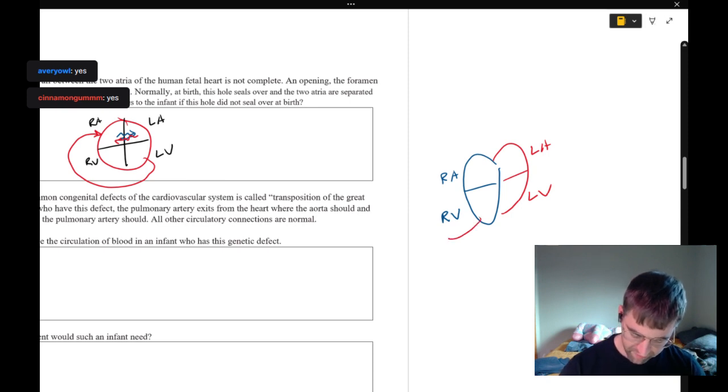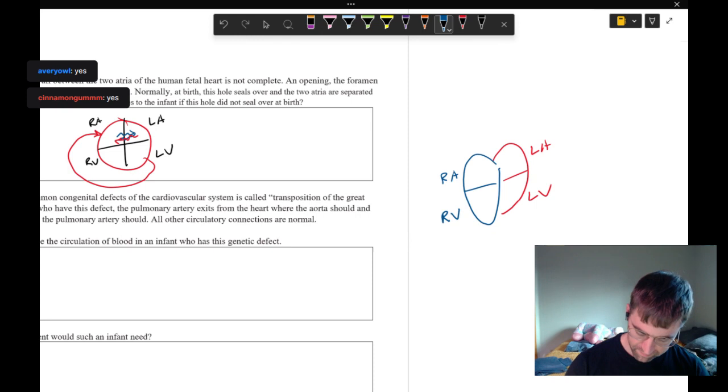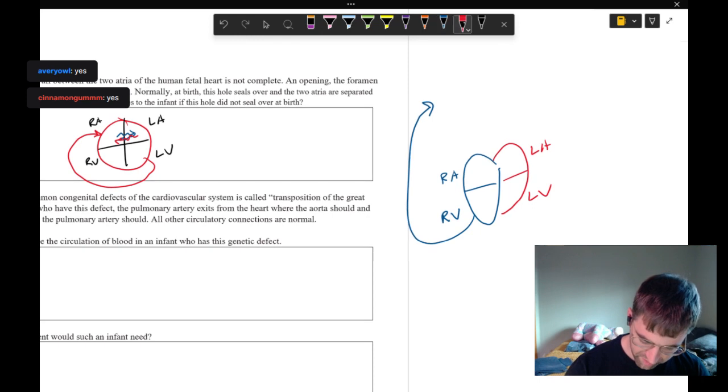Left ventricle to the lungs, to the atrium, to the body.